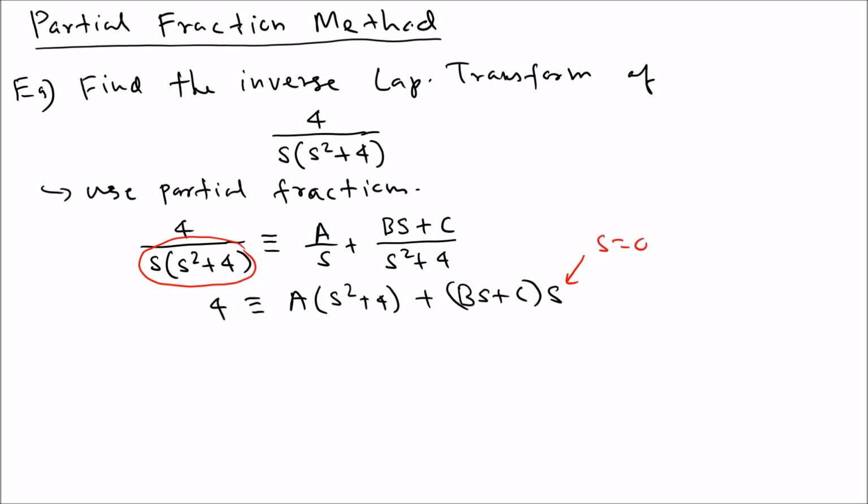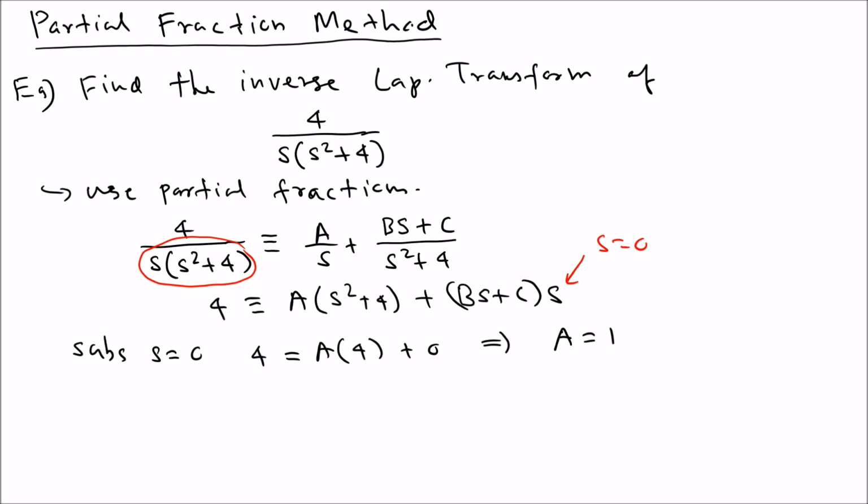Once we substitute s equals 0, you're going to get 4 equals A times 4 plus 0. The whole other term is 0. So this says that A equals 1.